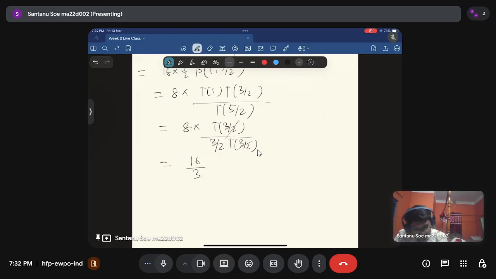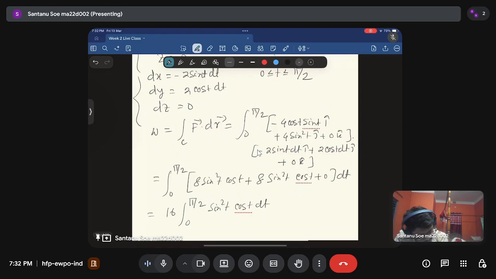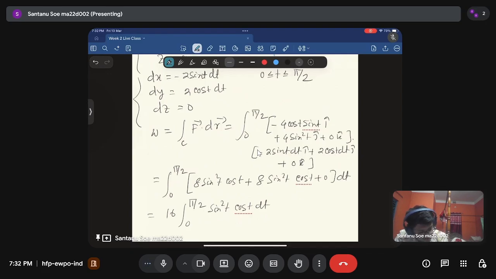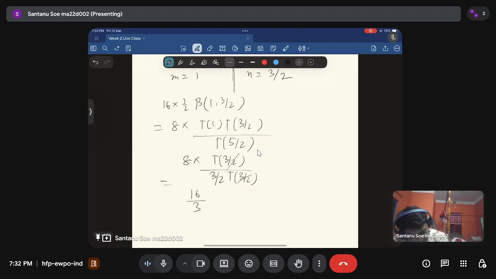Okay. So I made a small mistake here in the beginning. I was writing only sine to the power m minus 1 of t and cos to the power n minus 1 of t. But it will be sine to the power 2n minus 1 of t and cos to the power 2m minus 1 of t, and only then can we write it in terms of beta and gamma functions.